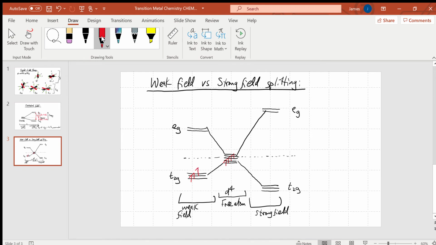Now because it's weak, it's relatively small, so we would then therefore continue to fill each orbital once before we double up. So if we had a weak field, if we wrote the electron configuration here, it would be T2G3 EG1. So there's our 4 electrons.